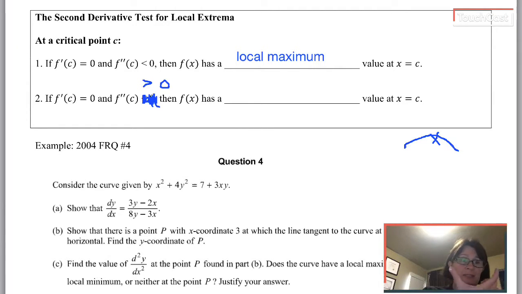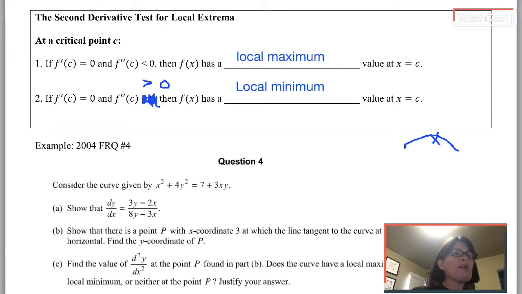So if f double prime of c is positive, that means my function is concave up. I was saying the right words, but it's printed wrong on your paper. Then f has a local minimum value at x equals c. Remember, another name for local minimum is relative minimum.